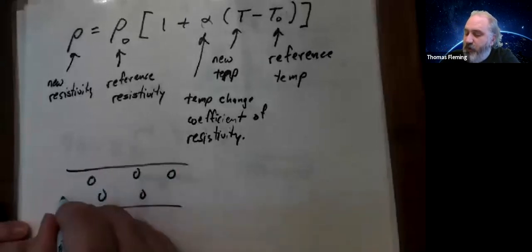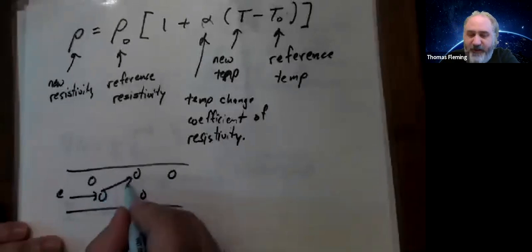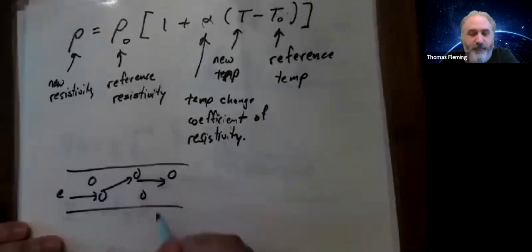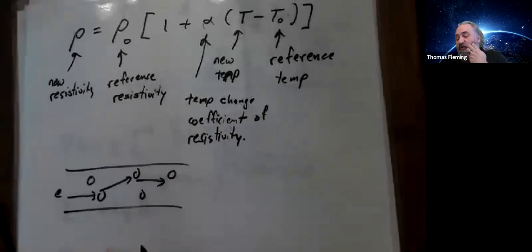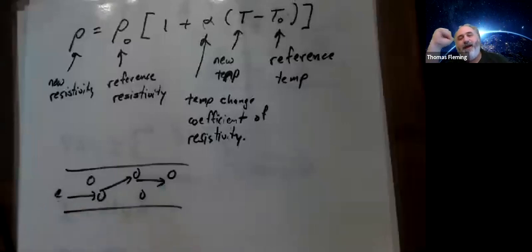And if your charge carriers, the electrons, are zinging around and going for a while, hitting an atom and slowing down, and then zinging a while, hitting an atom and slowing down, going for a while, hitting the atom and slowing down, what's going to happen is every time this electron collides with an atom, it's losing some of its kinetic energy, and it's transferring that kinetic energy to the atom. The atom starts to rattle around a little bit faster than it used to be rattling.